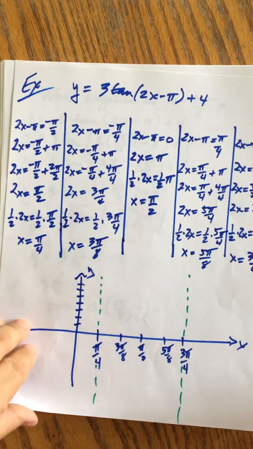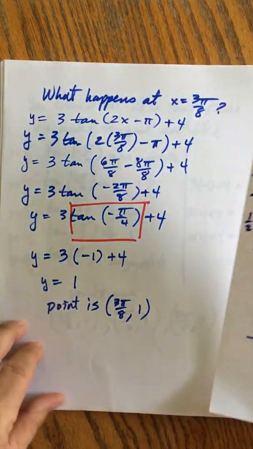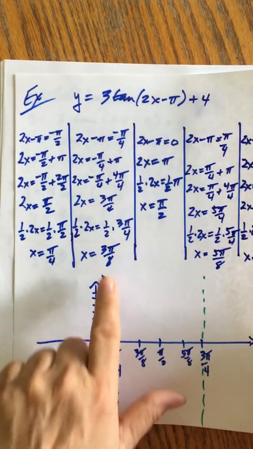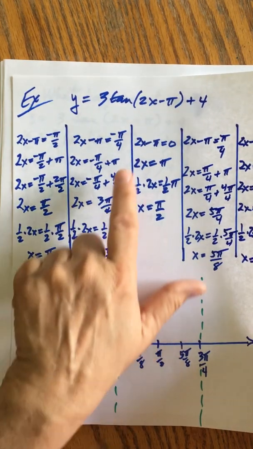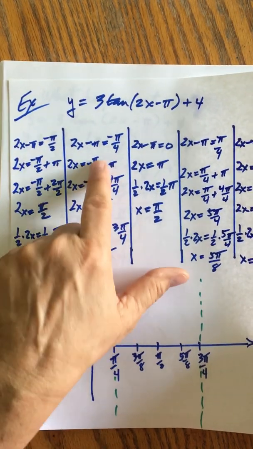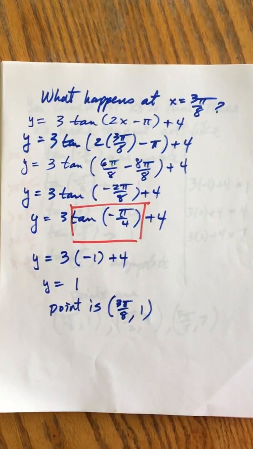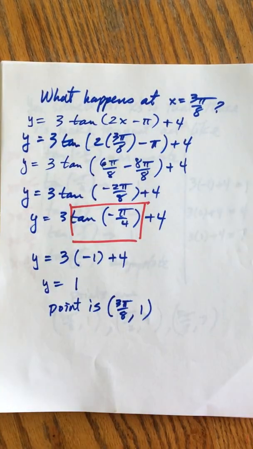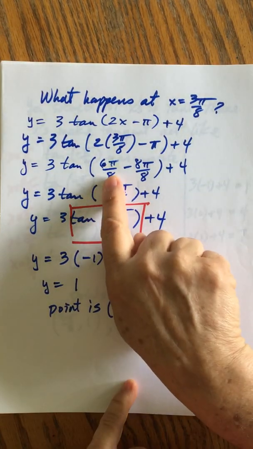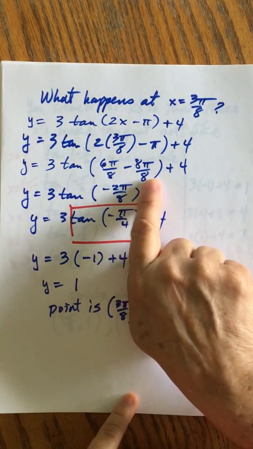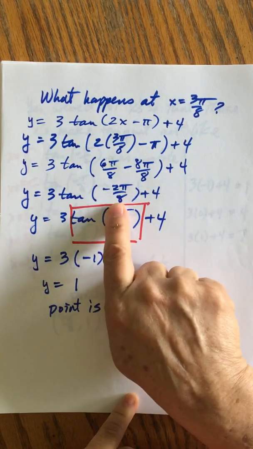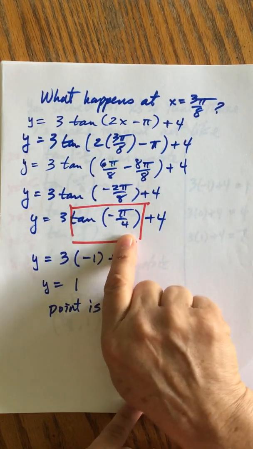And then, just so you can really see this, what, for example, happens right here at 3 pi over 8? What am I saying when I say I'm going to end up taking the tangent of negative pi over 4? So let's take a look. If I put 3 pi over 8 in for x and start simplifying, you'll see I have 6 pi over 8 minus 8 pi over 8, which is negative 2 pi over 8, which is really negative pi over 4. That's what I was looking for.